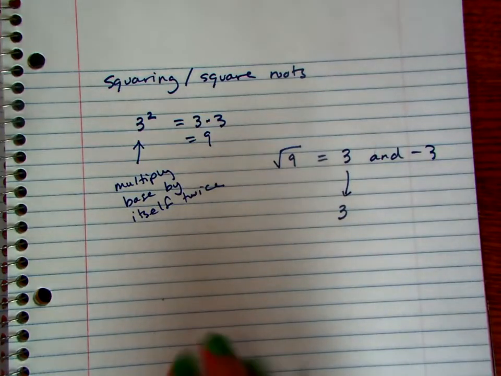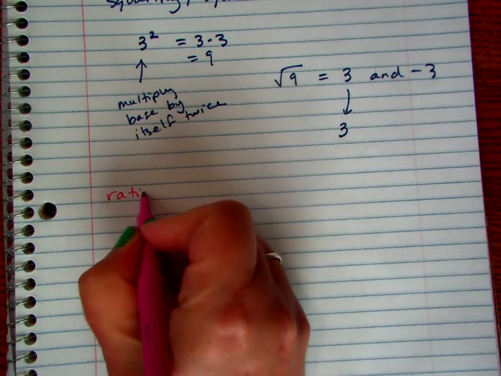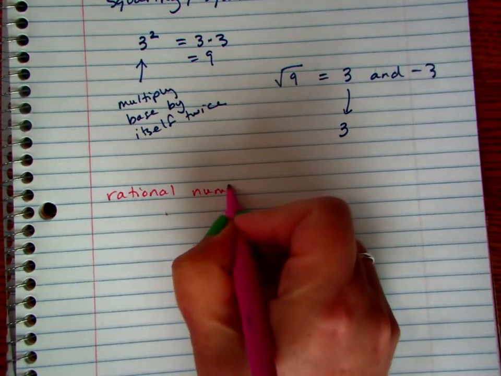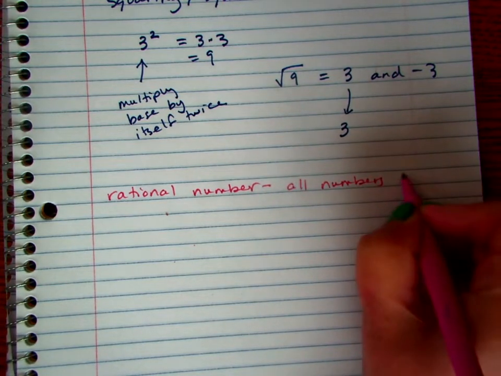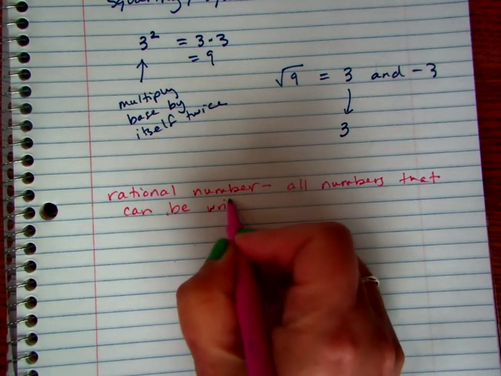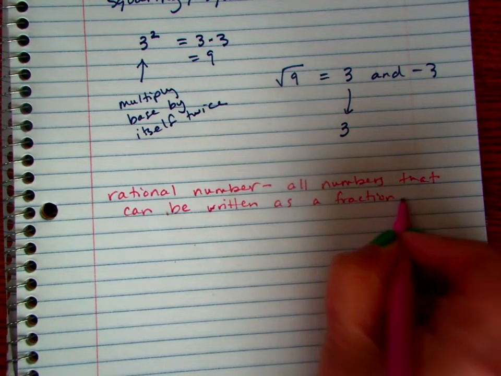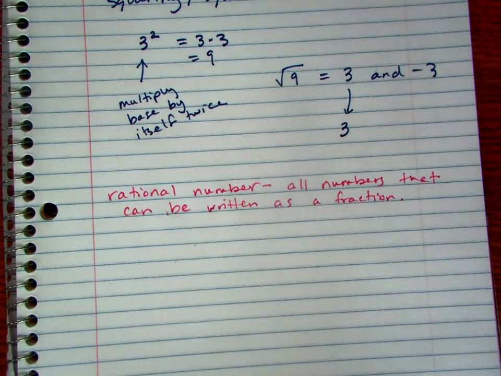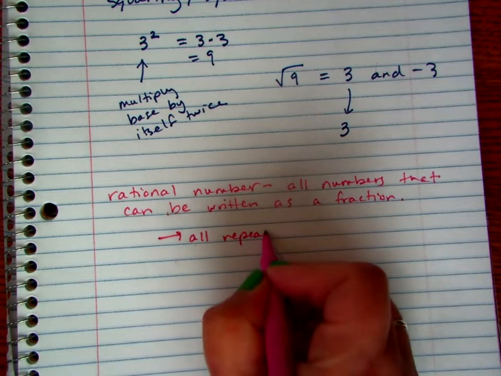So the other thing we want to be reminded of from last year, so in 7th grade rather than 8th grade, is rational and irrational numbers. So rational numbers are all numbers that can be written as a fraction. This is all repeating and terminating decimals.